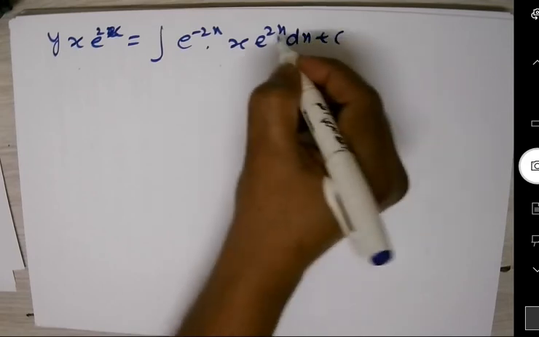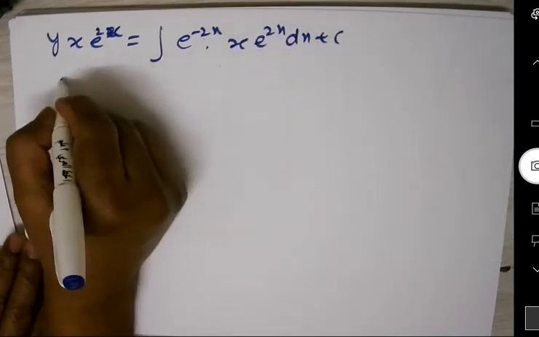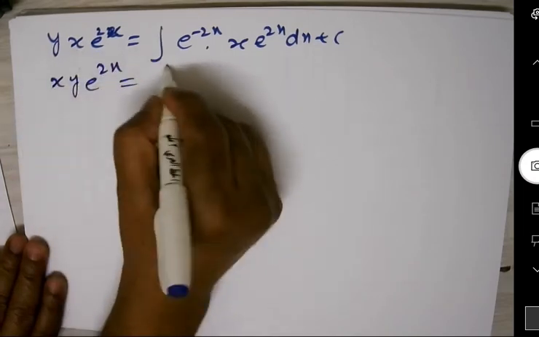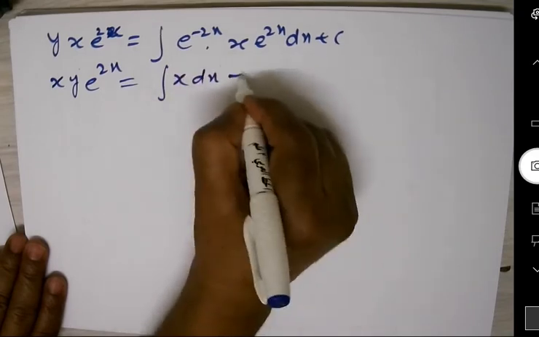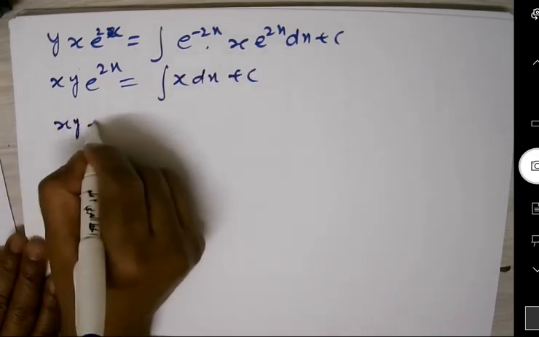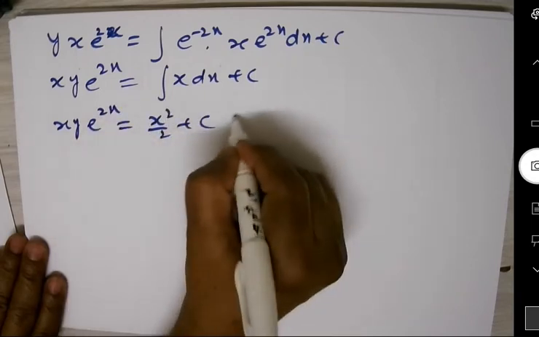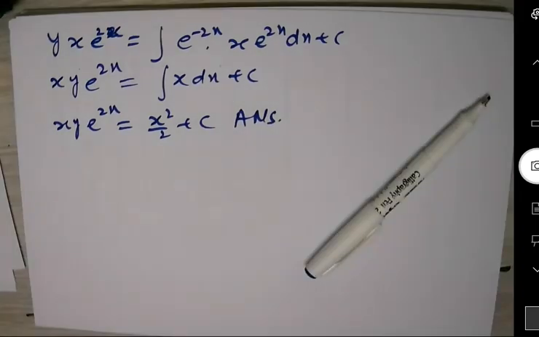Now see, this e power minus 2x and e power 2x cancel. So x y e power 2x equals integral of x dx plus c. Now integrate it: x y e power 2x is equal to x square by 2 plus c. This is the answer of this first question of the linear differential equation.